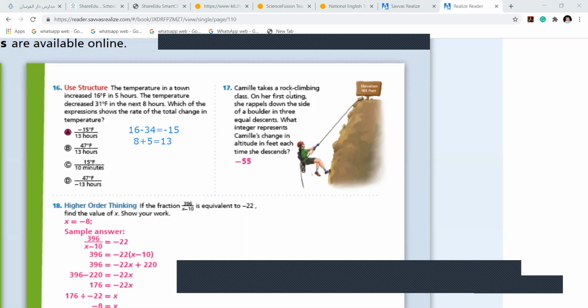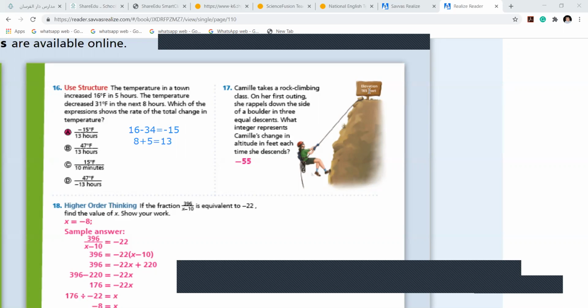Kamal takes a rock climbing class. On first outing, she rappels down the side of a boulder in 3 equal descents. Girls, what is the number given here on the elevation?